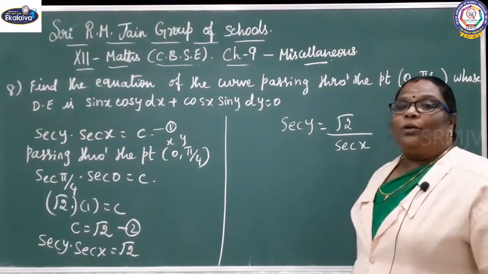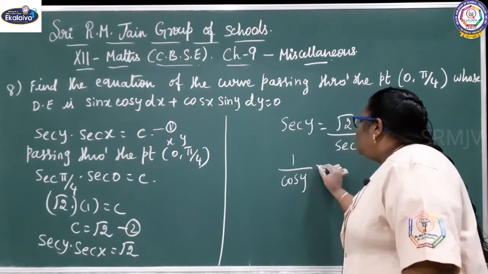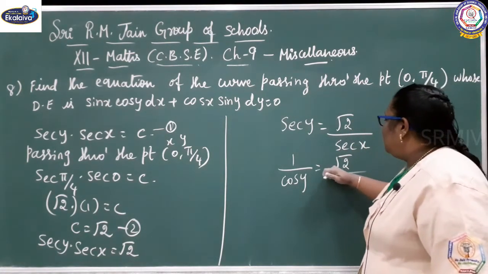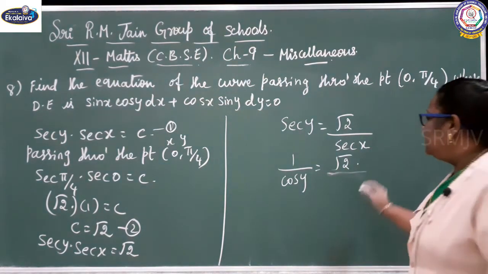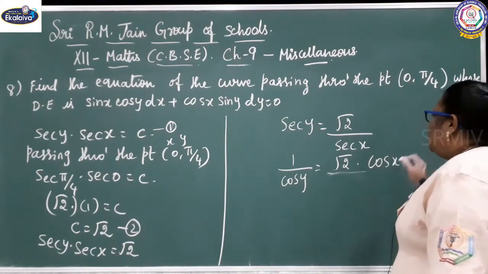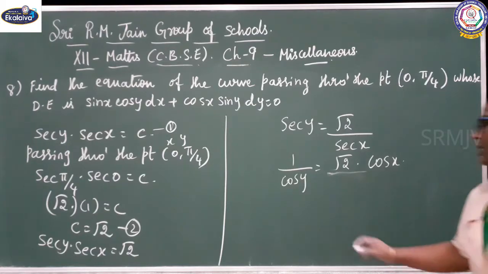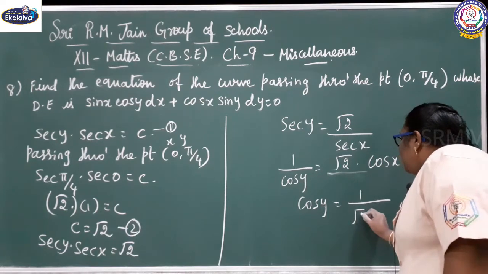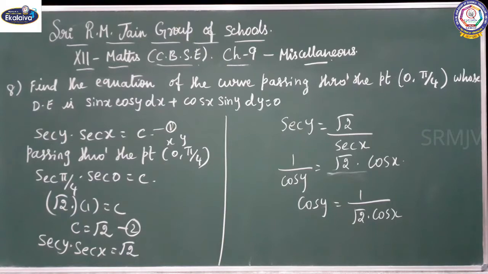What is secant y? 1 by cos y. 1 by cos y equal to root 2 by secant x, and 1 by secant is nothing but cos x. Taking the reciprocal, cos y equal to 1 by root 2 into cos x.